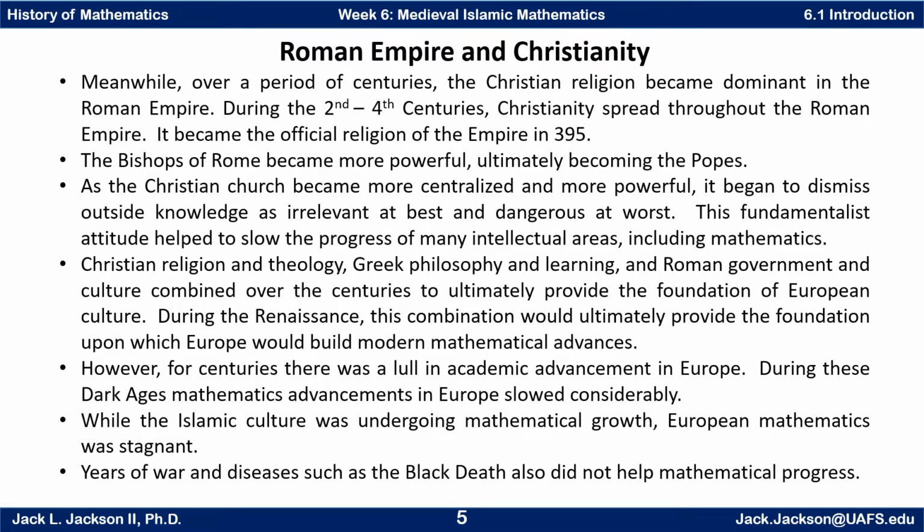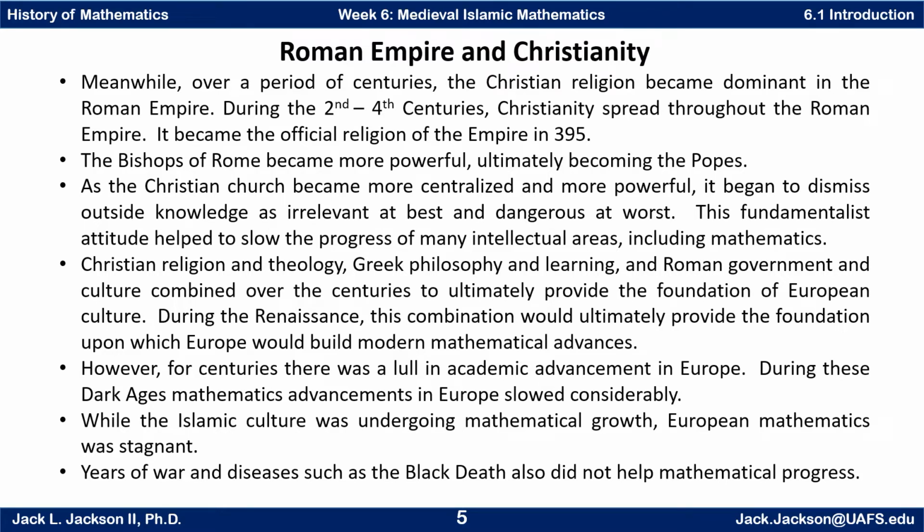And the Dark Ages term, as we've discussed, really applies to Europe more than other cultures because we know at this same time there was the golden age of mathematics going on in China. This is where most of the Indian mathematics that we discussed was taking place. And of course, the Islamic culture was making great advances in mathematics at this time.